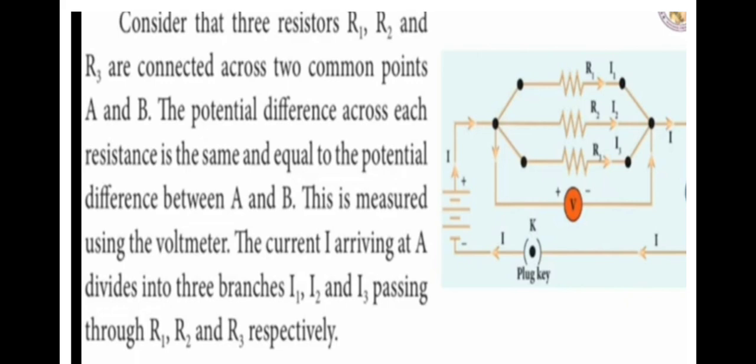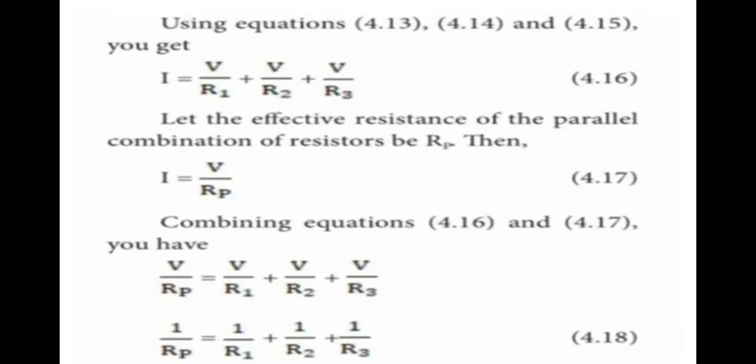How to measure potential difference? The instrument voltmeter. The current I arriving at A divides into three branches. Different currents flow through each branch: I1, I2 and I3 passing through R1, R2, R3 respectively.